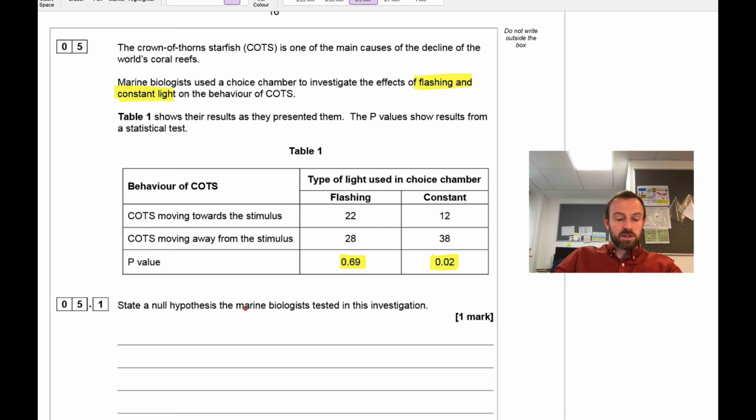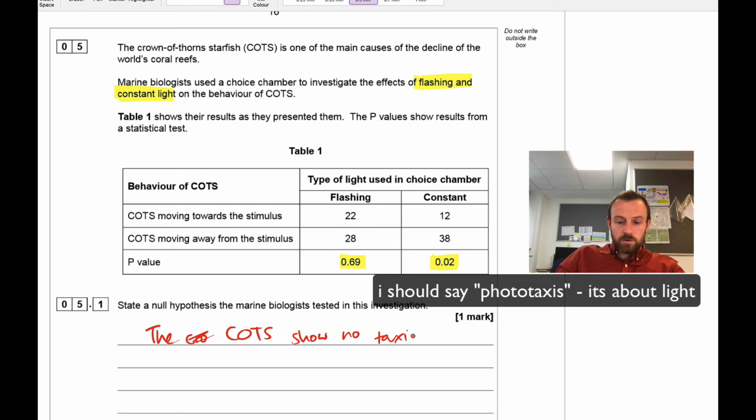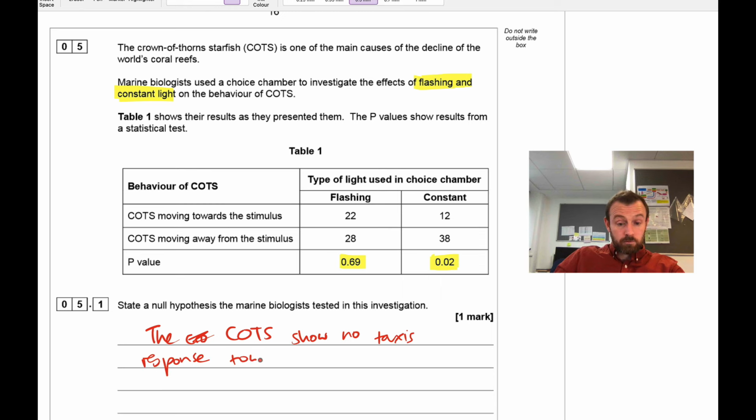So the null hypothesis would be that the crown of thorns, COTS, show no taxis response towards the light, either flashing or constant. So there would be no difference in their movement towards or away from the light.